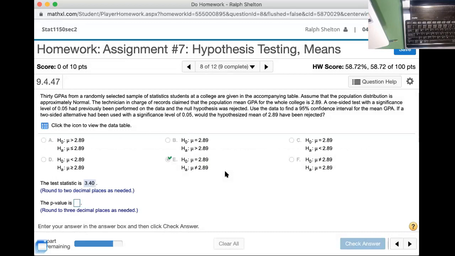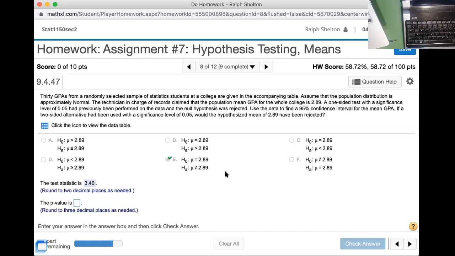Well, the p-value we can determine just from the test statistic and the confidence level we're testing at. So all you need to calculate the p-value is to know which confidence level you're testing at, and also know what your test statistic is, which we've got both of those.